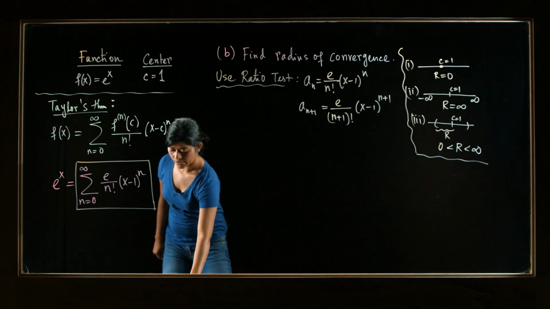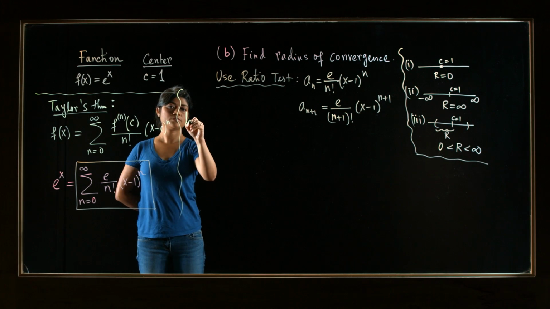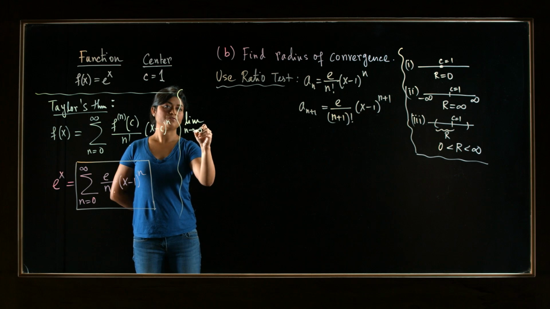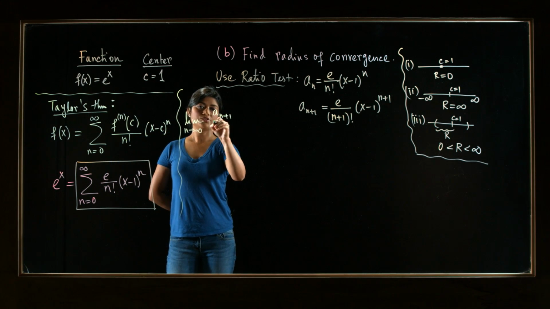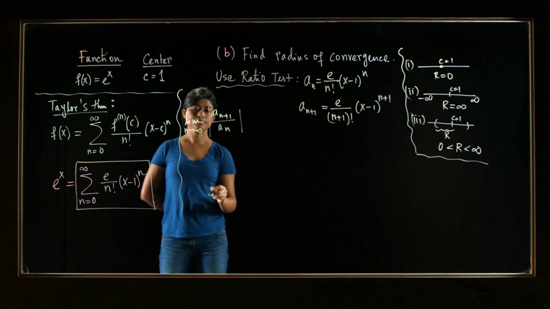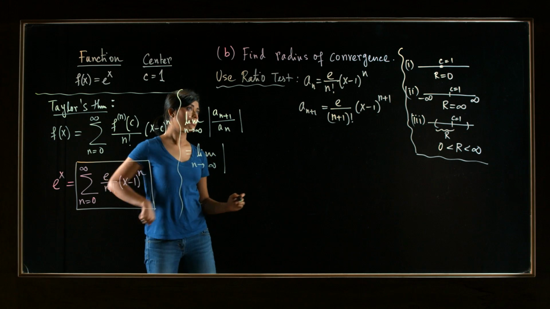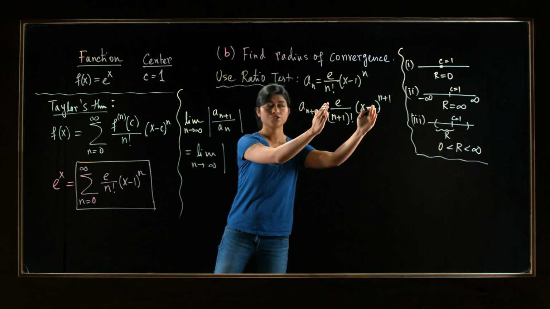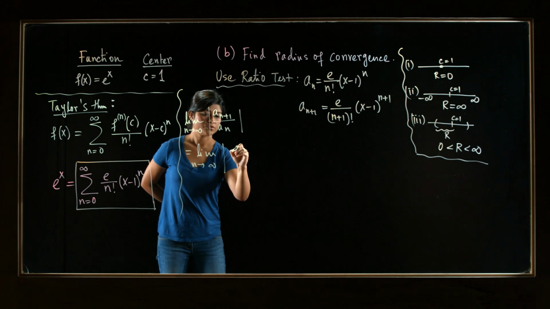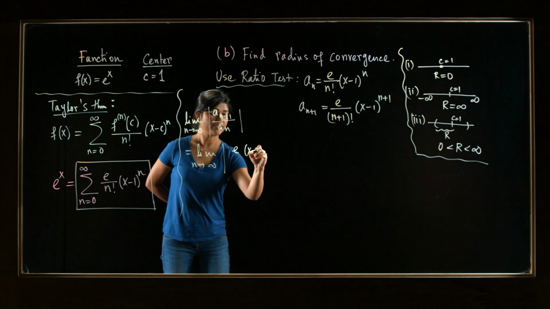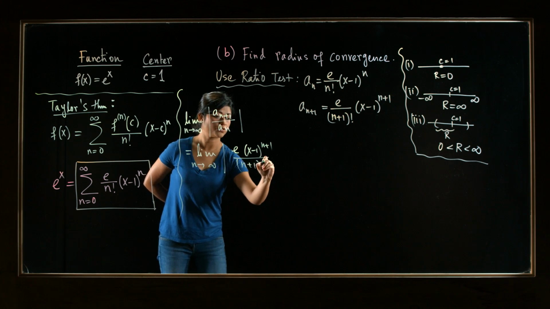Now let's form our limit as n approaches infinity. Remember to put the absolute value, it's very, very important. Absolute value of the ratio a_(n+1) over a_n. The a_(n+1) fraction, write it down as it is, because that is in the numerator: e times (x minus 1) to the n plus 1 over (n plus 1) factorial.